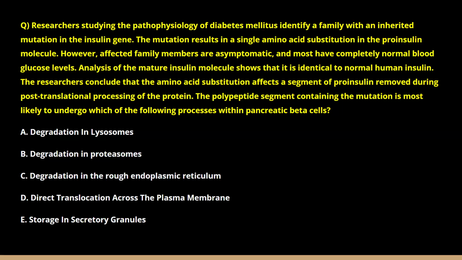Analysis of the mature insulin molecule shows that it's identical to normal human insulin. The researchers conclude that the amino acid substitution affects a segment of proinsulin removed during post-translational processing of the protein. The polypeptide segment that contains the mutation is most likely to undergo which of the following processes within pancreatic beta cells? So you have options here, A, B, C, D, E.